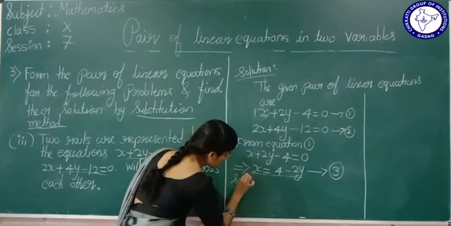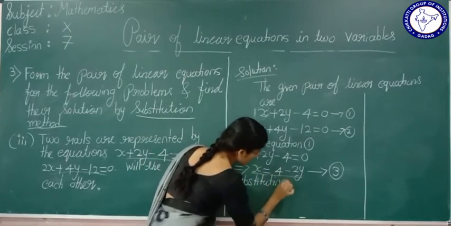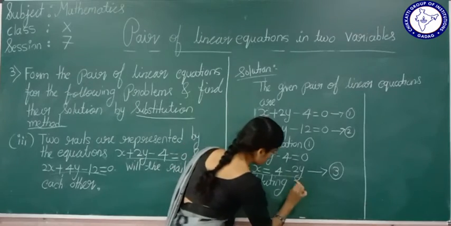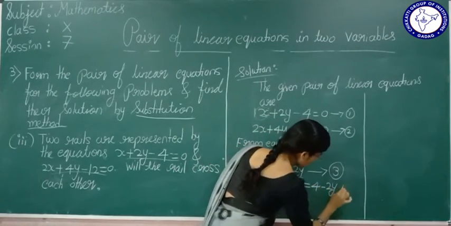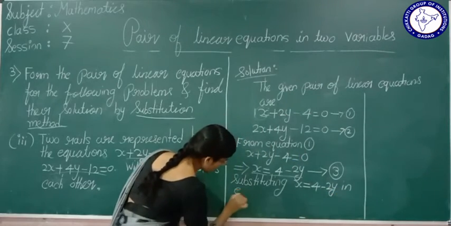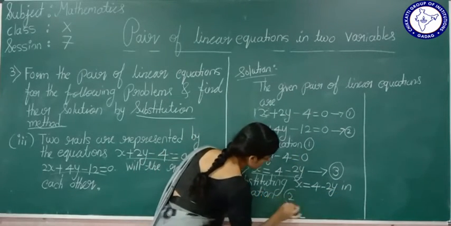So substituting x is equal to 4 minus 2y in equation 2.